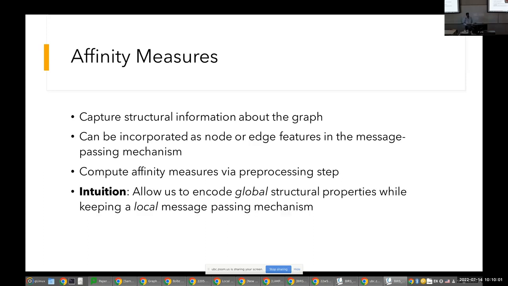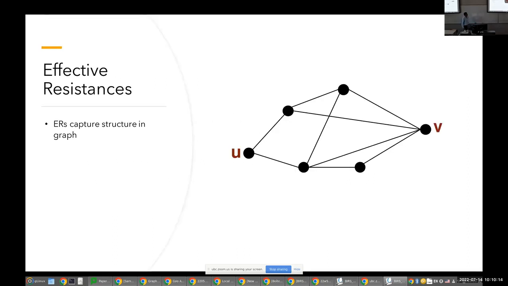The idea is that these affinity measures are going to encode some global structural properties about the connectivity of the graph, and you're still able to keep the local message passing that happens in MPNNs. So the first example of an affinity measure that we use in our work is the so-called notion of effective resistance.